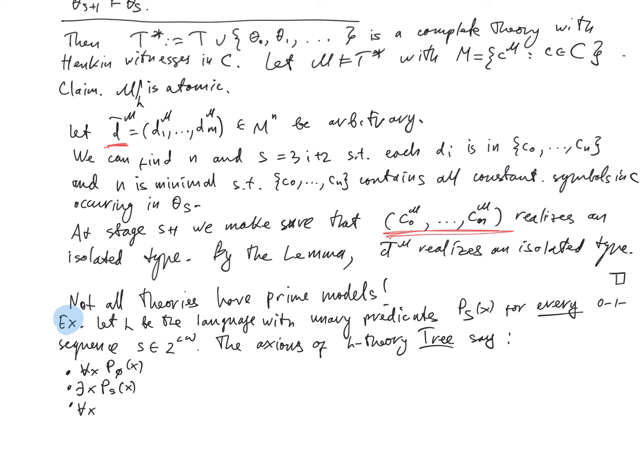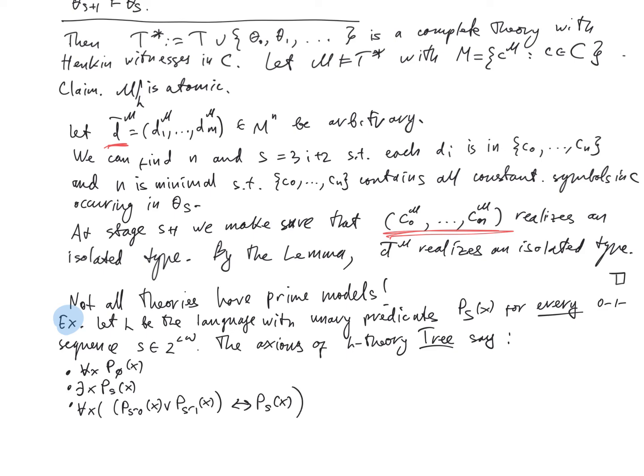For all x, we have that P_S with 0 added at the end of x, or P_S with 1 added at the end, so they split the universe into two if we add 0 or 1, and also they cover P_S of x.